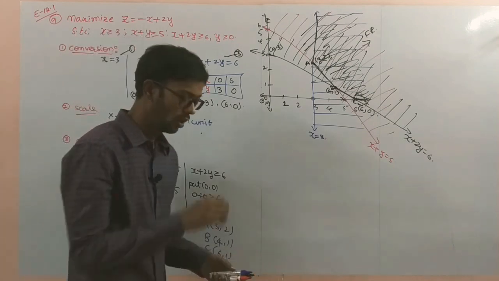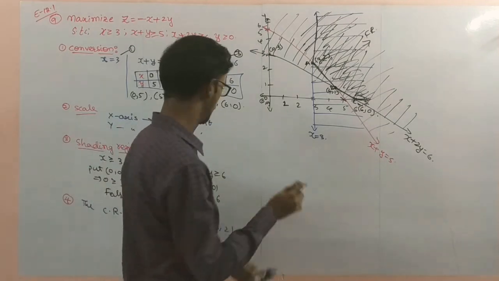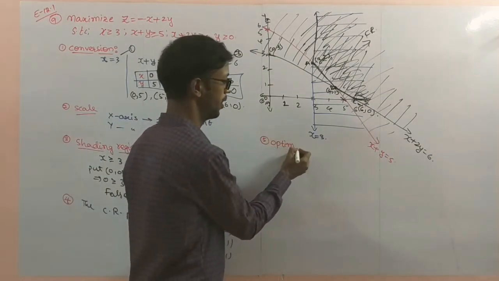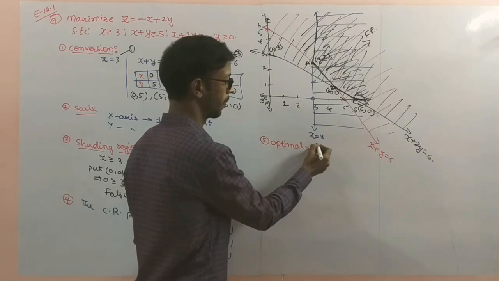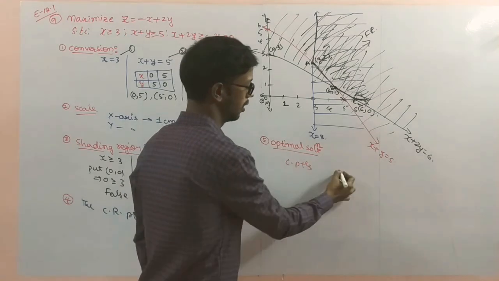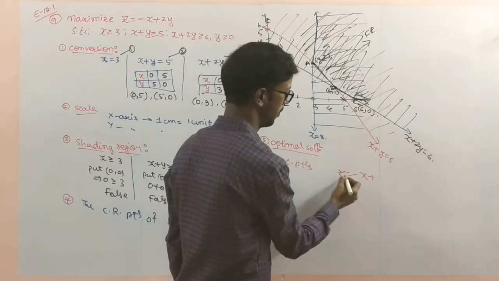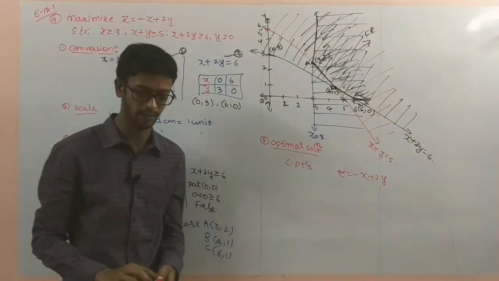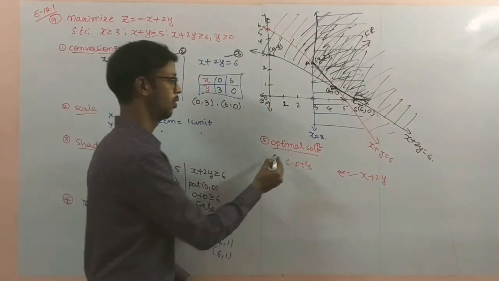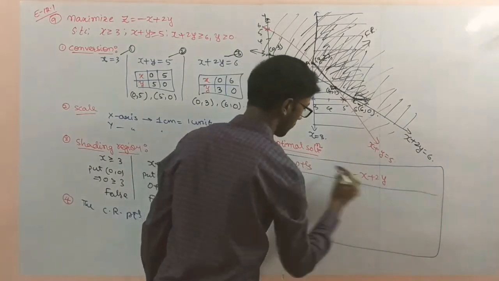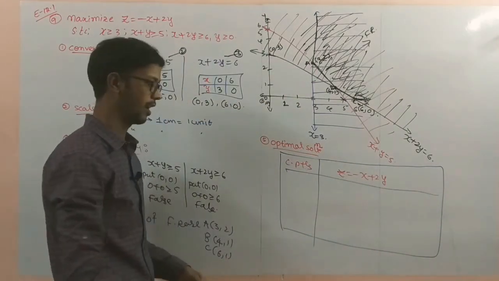Now our fifth step: optimal solution. At the corner points, z equal to minus x plus 2y. Now simplify this. What are the corner points?